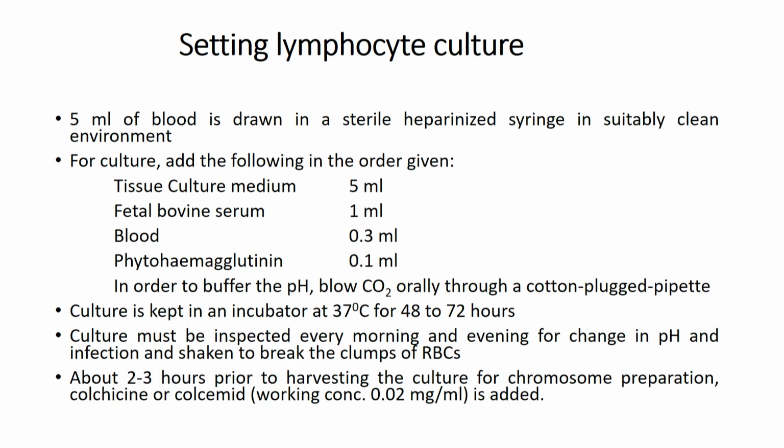Why are we putting this? Because we want metaphase chromosomes. If a cell is in metaphase, this will pass to anaphase, but if colchicine is present, this cannot go to anaphase, this will remain at metaphase because spindle fibers will not be made, so the chromatids will not be pulled to opposite poles.